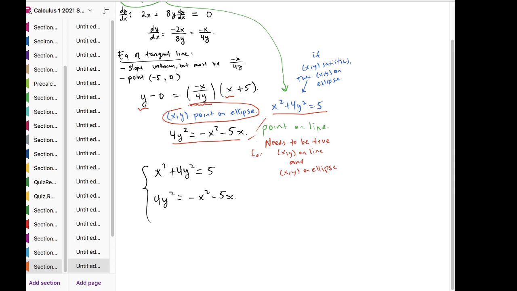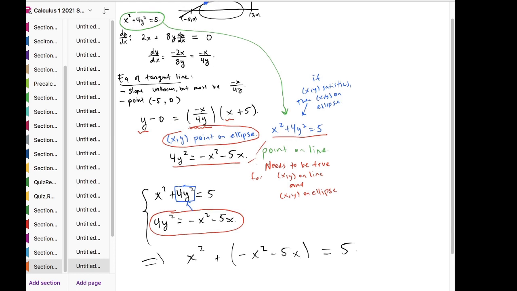Yeah. 4y squared is equal to negative x squared minus 5x. And here's another 4y squared. So this makes x squared plus negative x squared minus 5x is equal to 5. Everyone see what we're doing there?